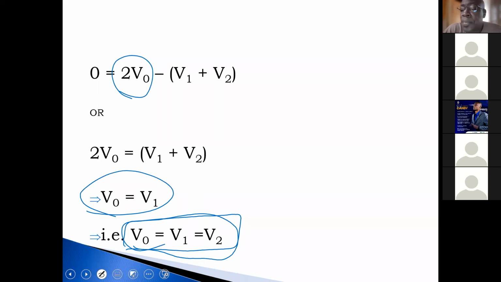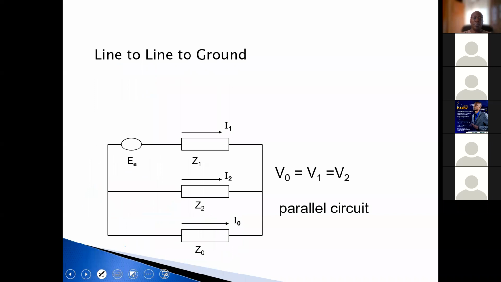All right. Mr. Merchant, it is indeed that they would be in parallel. So if you have a line to ground fault, the three networks are in parallel. So the three networks would look like this.